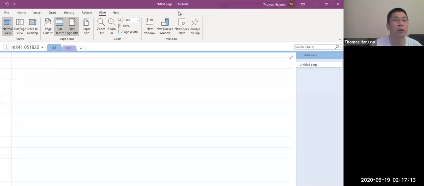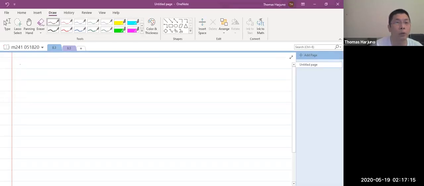In 8.3, we will do multiplication and division, product and quotient.